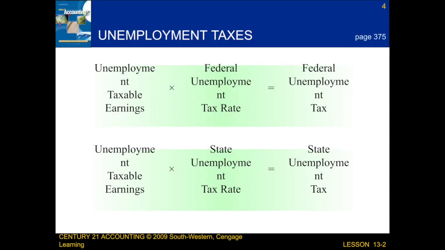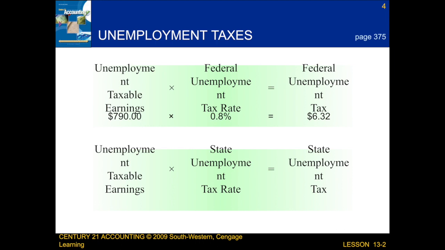Alright, next we're going to be talking about calculating federal unemployment tax and also state unemployment tax. First, in order to calculate federal unemployment tax, we take the unemployment taxable earnings amount and multiply it times the federal unemployment tax rate, which is 0.8%, and that will give us the federal unemployment tax amount.